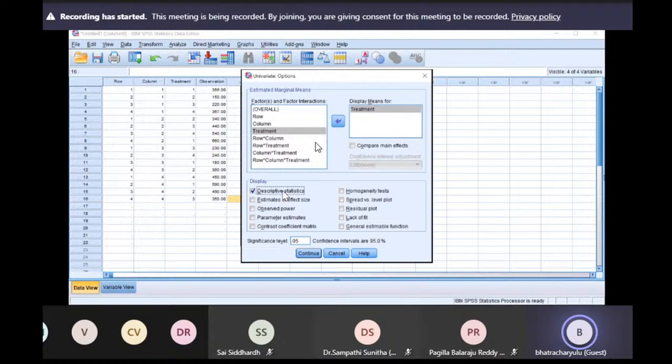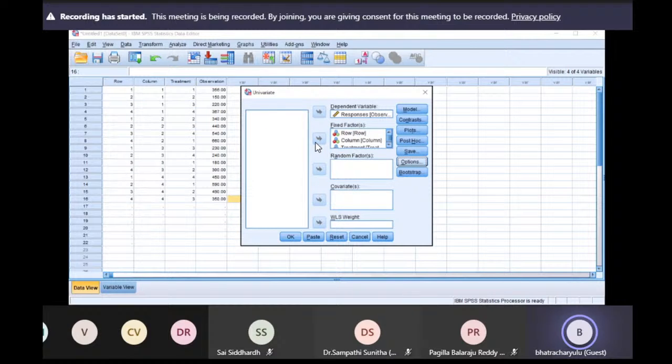And test for homogeneity you can also select. Estimates are not required, and residual plots and lack of fit are not required. Lack of fit of the model is used if you are carrying out regression analysis, not here. Continue. Then select OK.